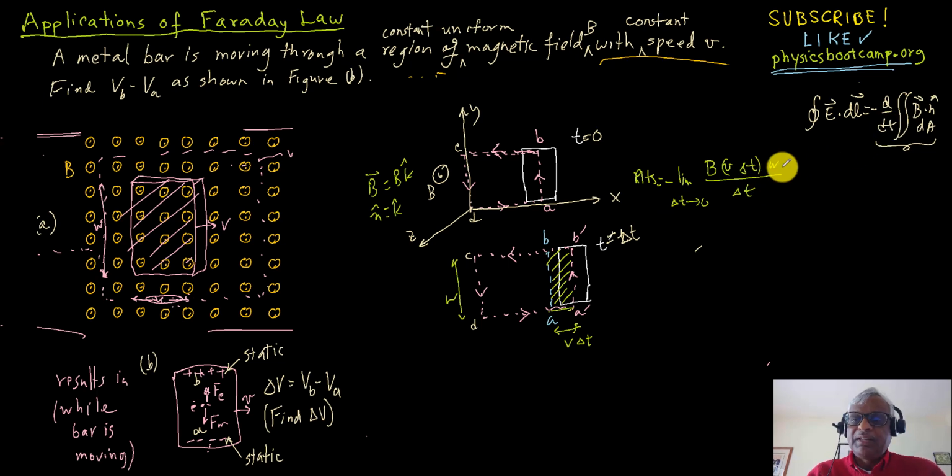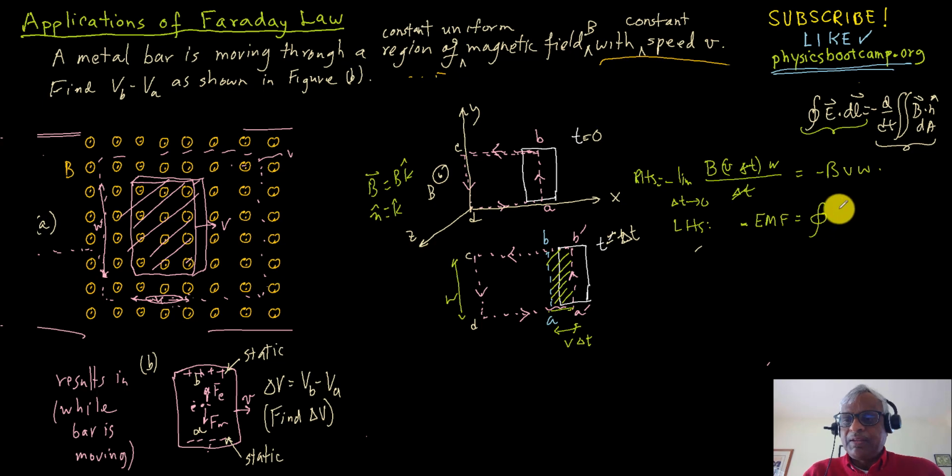Delta t cancels out, and the limit is just minus V B W. The left hand side is just this. I have no way of simplifying this more than that. So this is actually minus EMF, equals E dot dl, equals minus BVW.